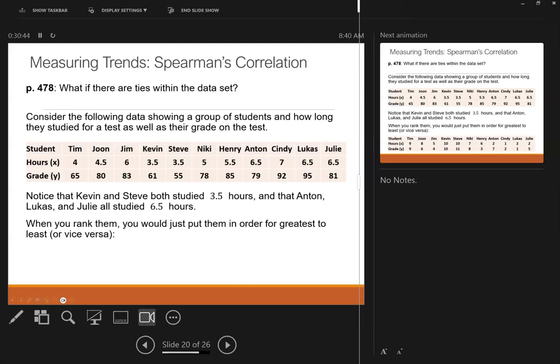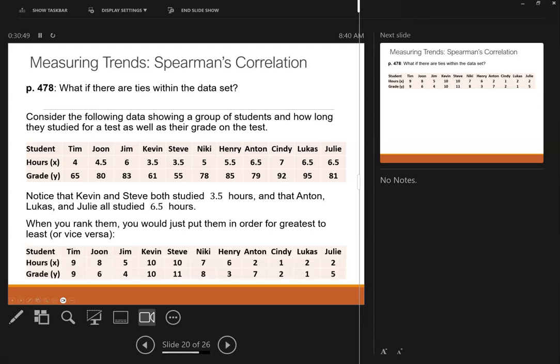So again, we want to rank them. We're going to put them in order from greatest to least. The greatest value in the x's was 7, so I got a 1. The next greatest value is 6.5.